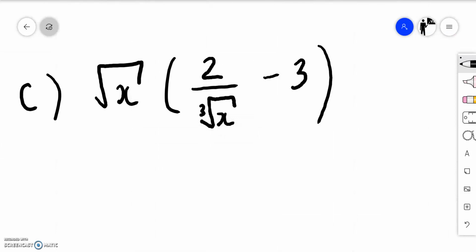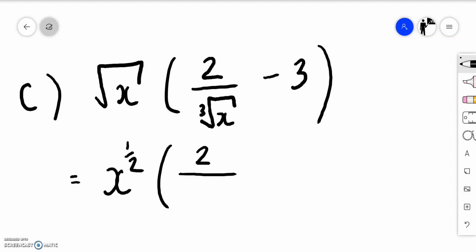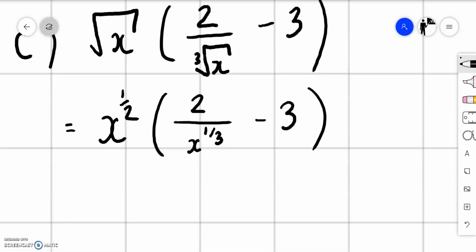Okay, so a few things to consider here. Notice that although I've got x's, we don't have any powers. The first thing we're going to have to do is rewrite these with powers. So here I've got the square root of x, so we need to remember that the square root is the same as the power of half. And similarly, I've got the cube root of x, that's the same as x to the power a third, minus 3.